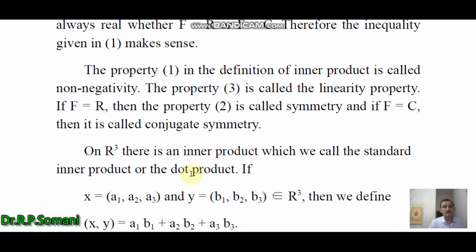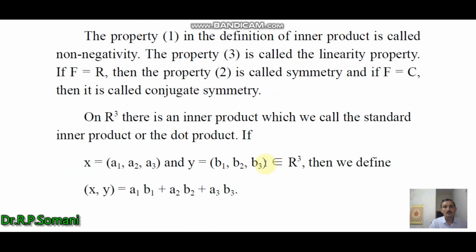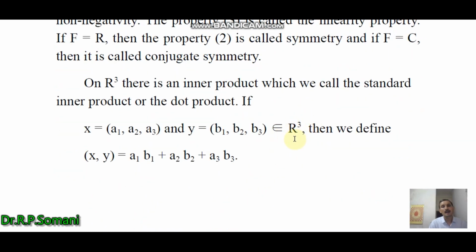On R3 there is an inner product which we call the standard inner product or the dot product. Its definition on R3 tuples is as follows: let x equal (a1, a2, a3) and y equal (b1, b2, b3) belonging to R3.